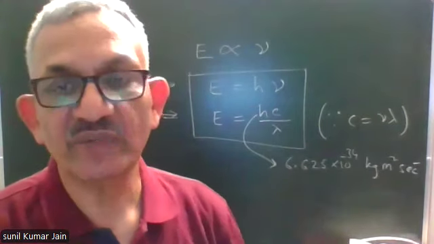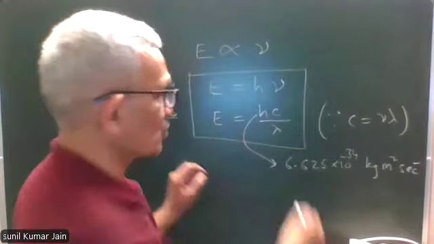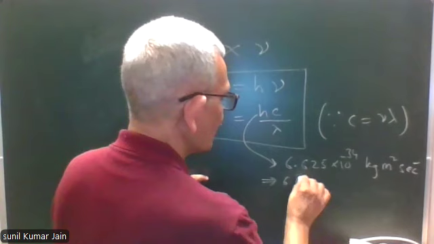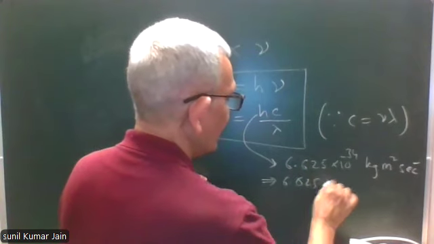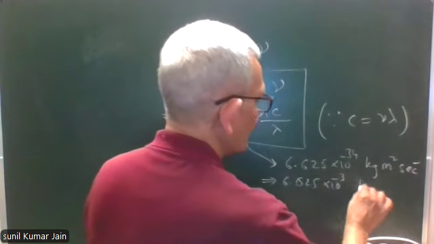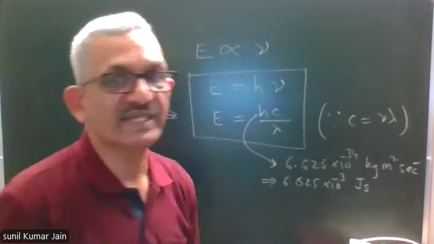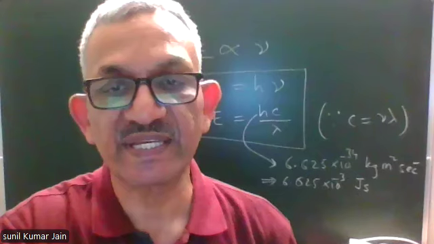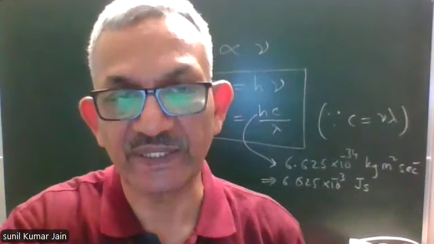With the same value, it has another unit also: 6.625 into 10 to the power minus 34 joule second. In place of kilogram meter square per second, you can use joule second.